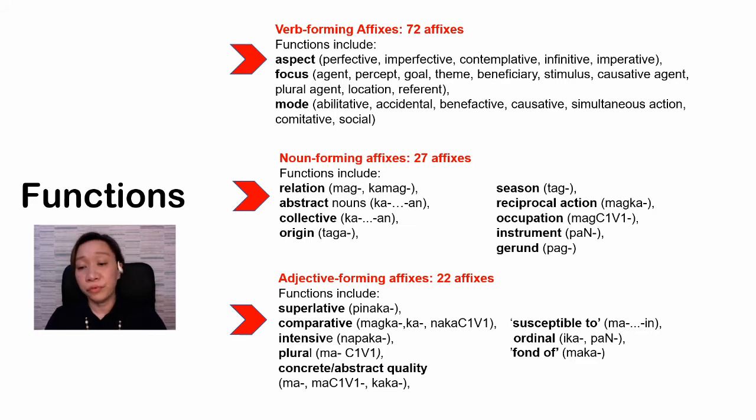Functions of noun-forming affixes include expressing relation, abstractness, collective meaning, occupation, instrument, among others. And functions of adjective-forming affixes include degree, plurality, expressing concrete or abstract meaning, quality, among others.